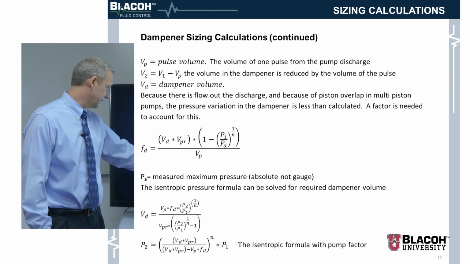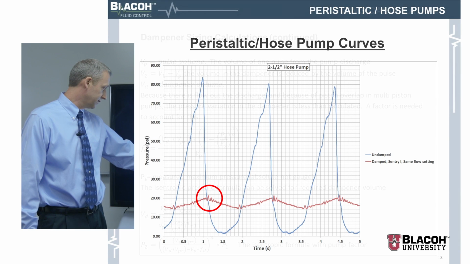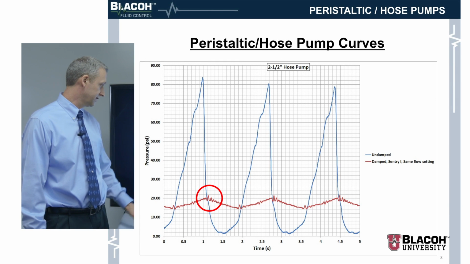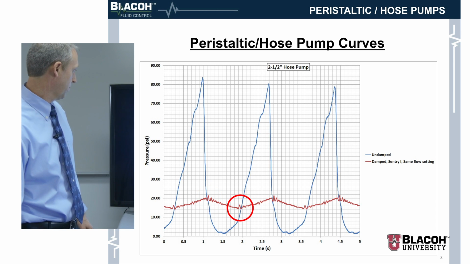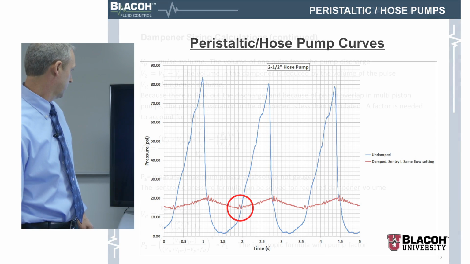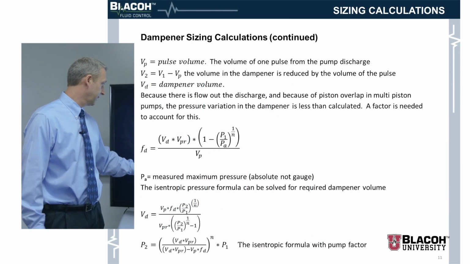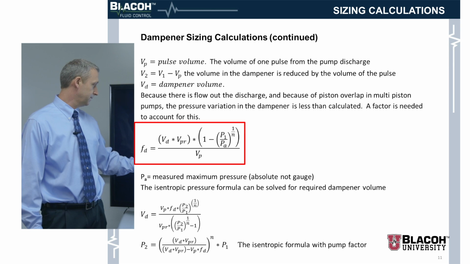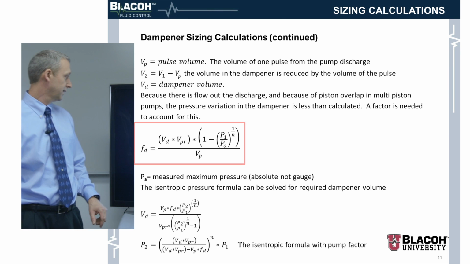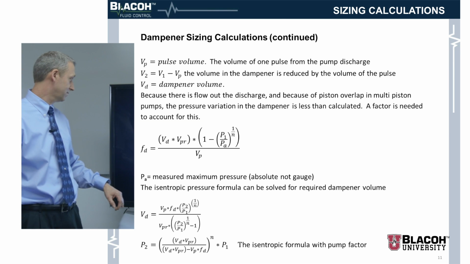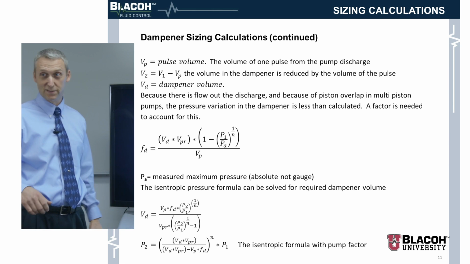The PA would be that point right there, which is the maximum pressure that I'm seeing in the system, and the P1 would be the lowest pressure that we have in the system there. All right. And then that's 1 over N, which is our gas constant again, and our VP, which is the pulse volume. So it's a little nasty looking equation, but it's not too bad.